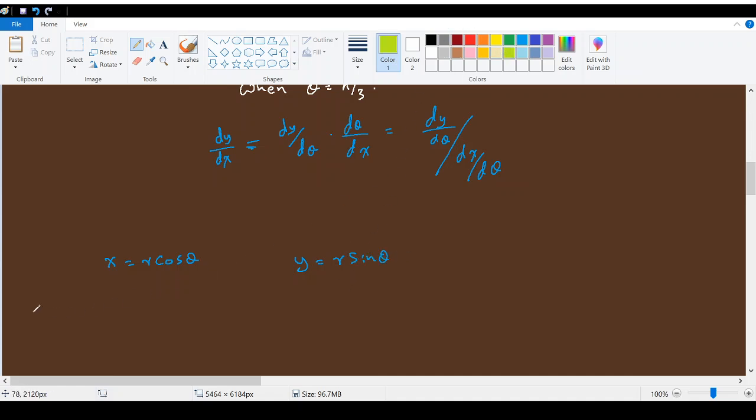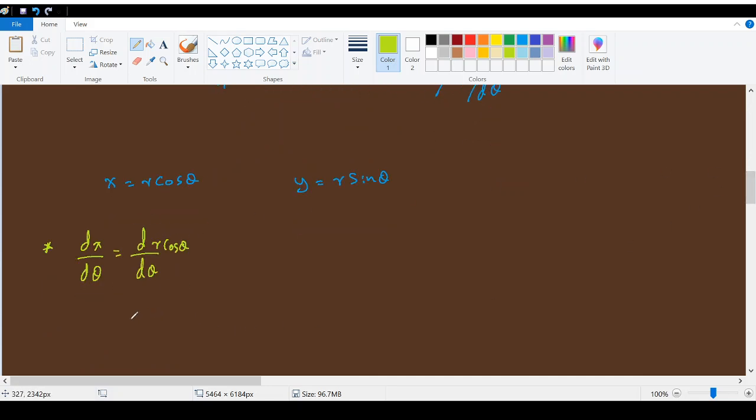And here there is another thing that you should focus on. When you are getting the derivative of this thing, if you take this r out of the derivative and just differentiate the rest like this, it is completely wrong.